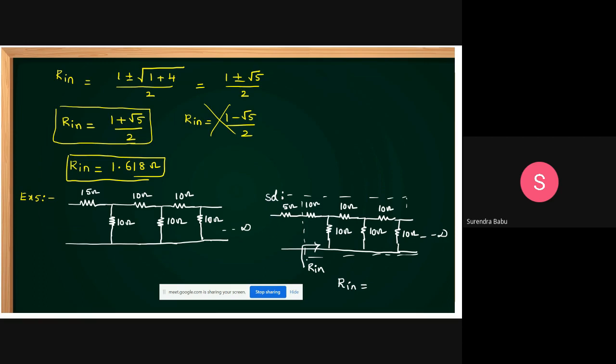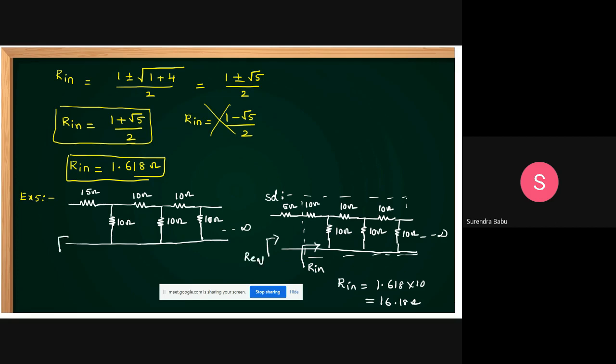For this case you already know. This Rn equal to how much, friends? 1.618 into 10. Why? If 1 ohm is there, what is your answer? 1.618 is correct. If 1 ohm is there, the answer is 1.618, but here into 10, then how much you get? 16.18 ohms.